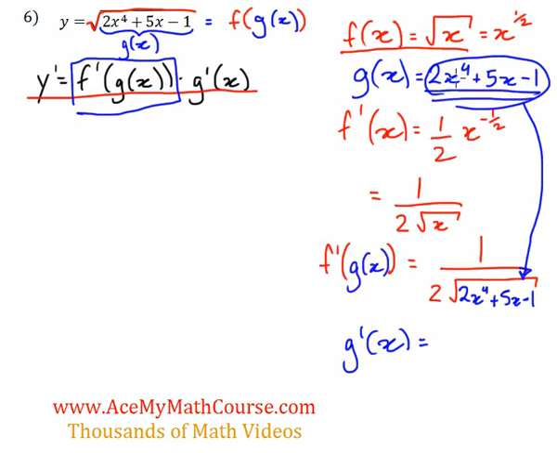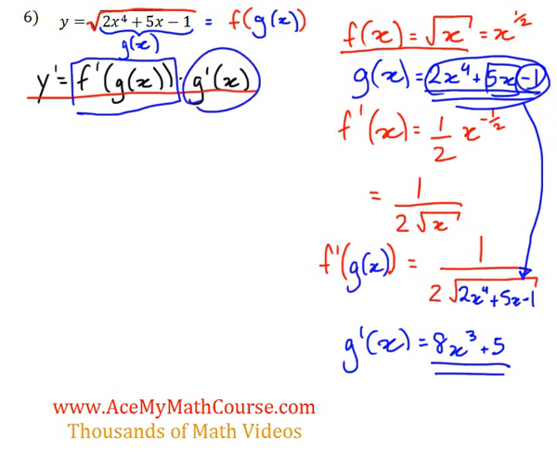The derivative of that will be, well, I can multiply 2 by 4, I get 8, and I subtract 1 from the exponent to get 8x cubed, plus the derivative of 5x is just 5. And the derivative of negative 1 is just 0, so that's it. G prime of x is 8x cubed plus 5.